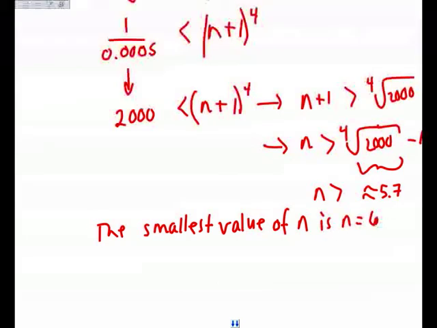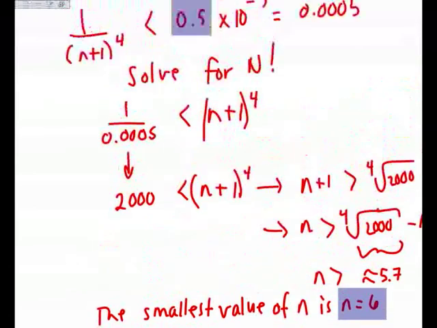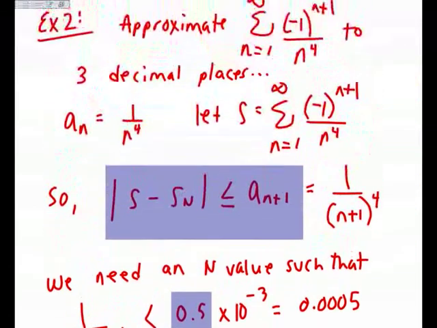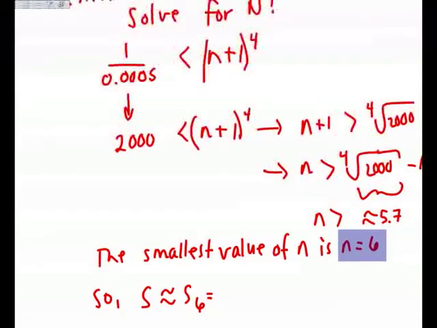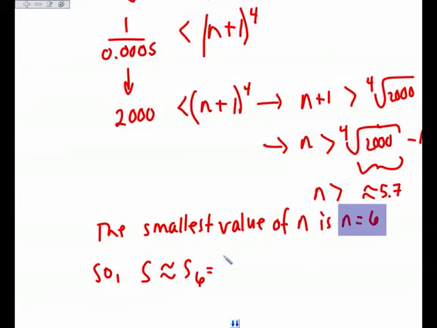So we would say that our sum is approximately S sub 6, which if I went back up to my original series and utilized it, I would end up with 1 minus 1 over 2 to the 4th plus 1 over 3 to the 4th minus 1 over 4 to the 4th.